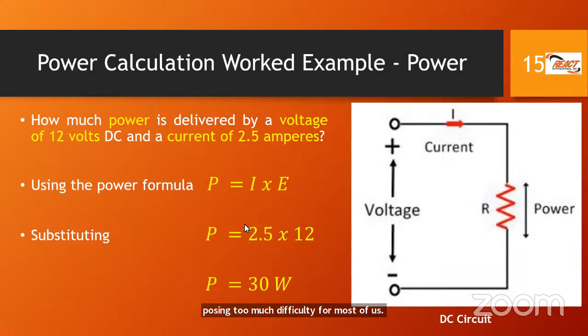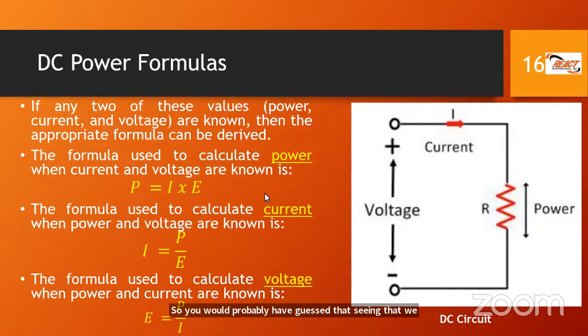All right, so I did promise you some more worked examples, formulae, and so on. You would probably have guessed that seeing that we have a formula P is equal to I multiplied by E, sometimes we may have a situation where we may not have one of those quantities.